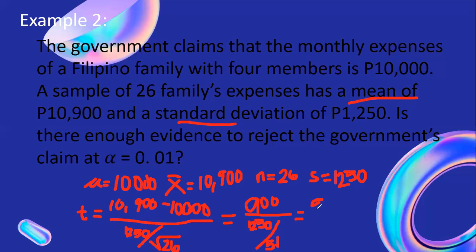So you'll have 900 divided by the quotient of these two, which is 2.245. So you may use your calculator. Therefore, the t value is 3.671. So what is important here for this module is that you know how to use and when to use the z-test or the t-test. Okay?